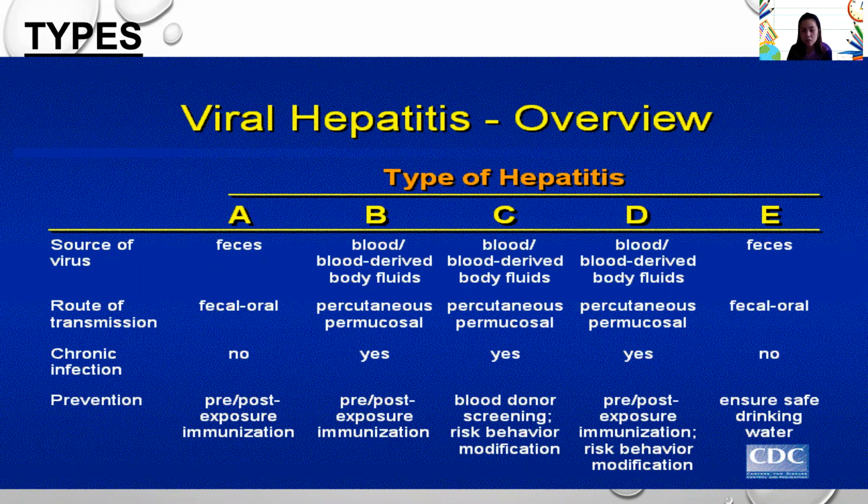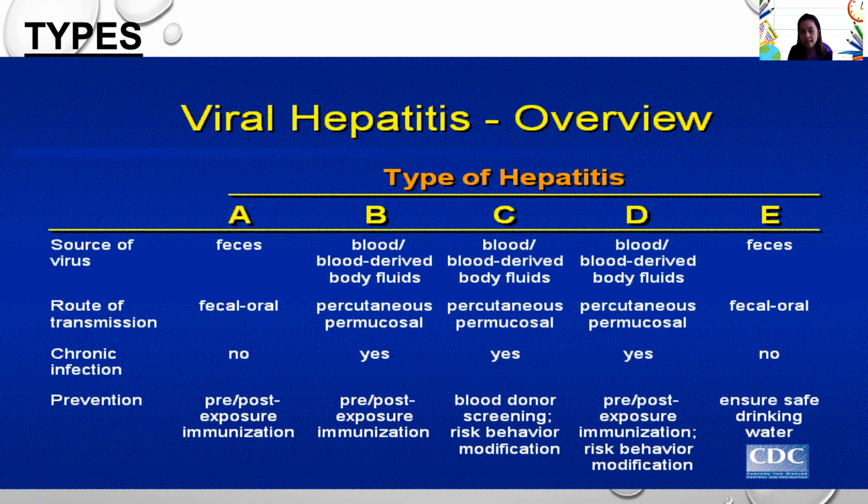So, yung tatlong nasa gitna, B, C, and D, nakukuha mo yan sa blood and body products. First, kung nakipag-sex ka sa taong may hepatitis. Next, kung natusok ka ng needle na may hepatitis. Next, kung nasalinian ka ng dugo na may hepatitis.